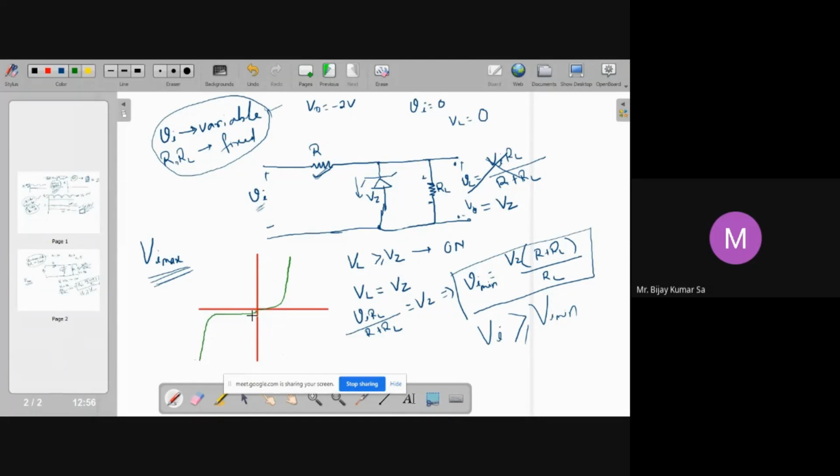This is the reverse saturation current. This small current in microamperes is the reverse saturation current, IS. This is the knee voltage.